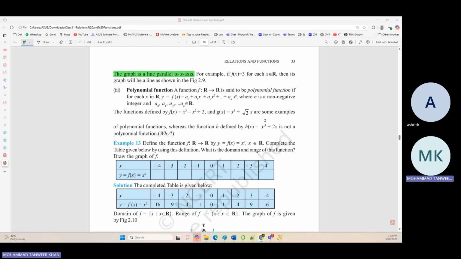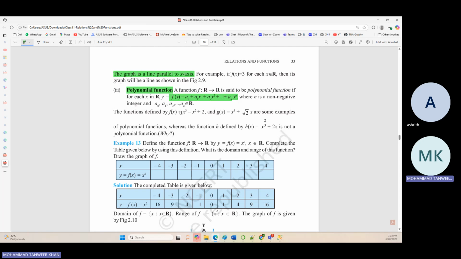Now, what is a polynomial function? That we will try to understand now. This is actually the main polynomial function. It will be in this format. It means we'll have one or more than one x component, and it will have some power.